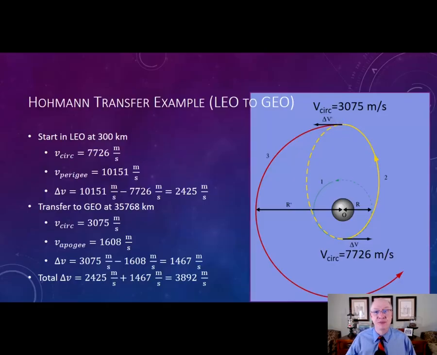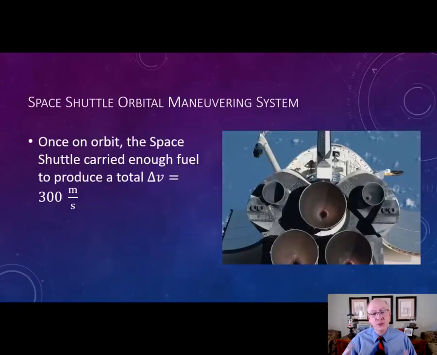Another way to put it in perspective is let's look at an actual space vehicle. When it was on orbit, you will remember from the homework assignment that the space shuttle used these two orbital maneuvering systems. So here are the three main engines on the space shuttle right here. And the space shuttle also had small thrusters on board that could be used for very small changes. And then they had these two OMS pods, this pod that sits out here and this pod that sits out here.